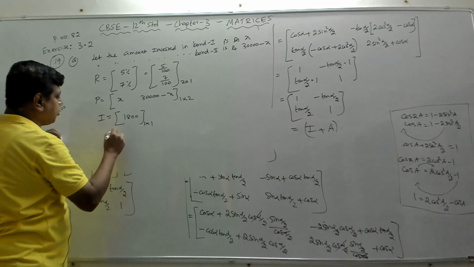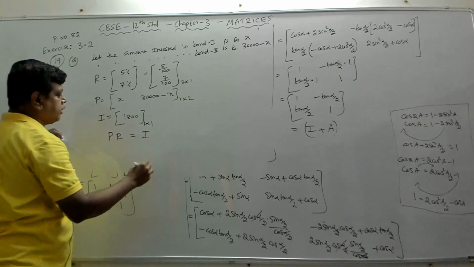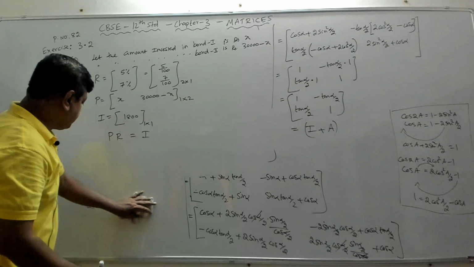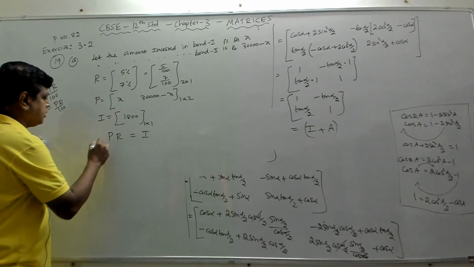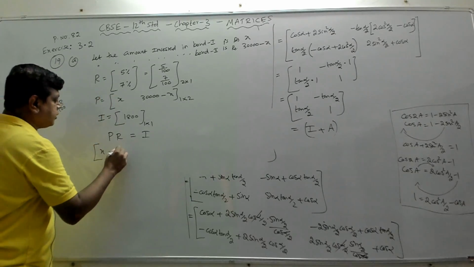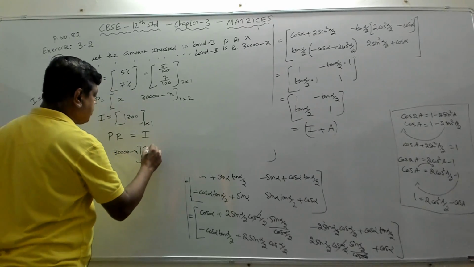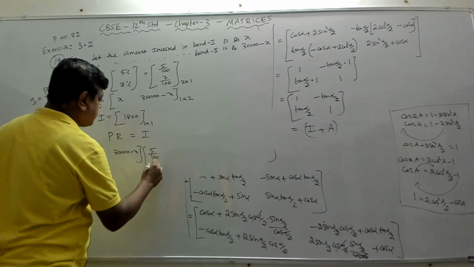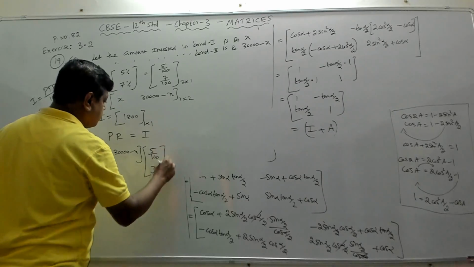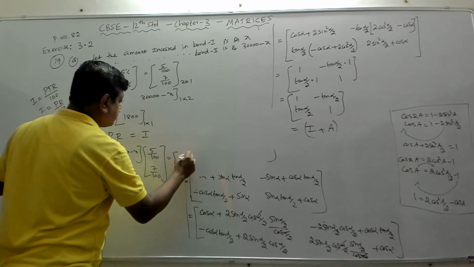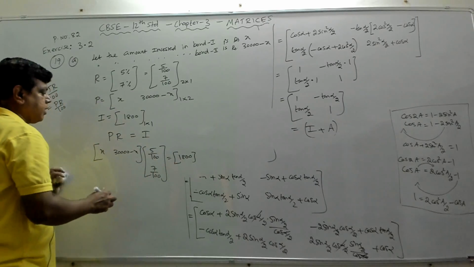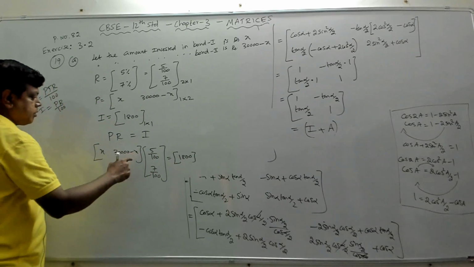So P into R will give me the interest I. Now what is P? P is X, 30,000 minus X, into R. R is 5 by 100, 7 by 100. If you multiply, I should get 1800. That is my I matrix, the interest matrix. Now how do you multiply this into this?